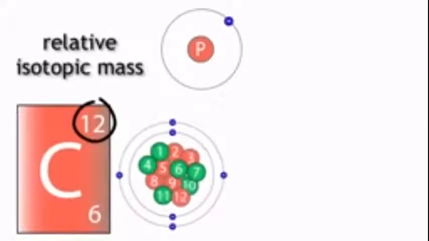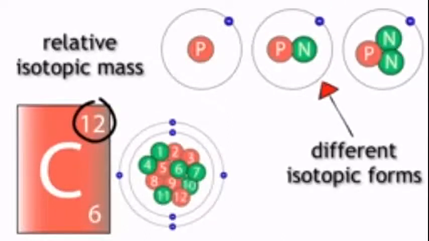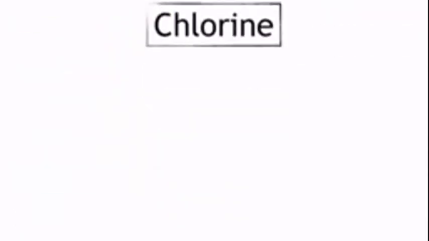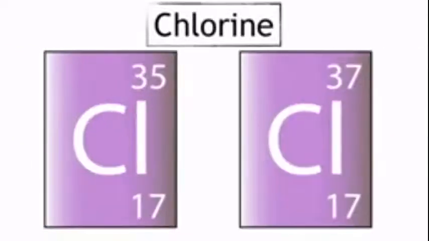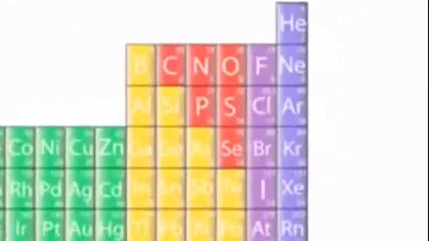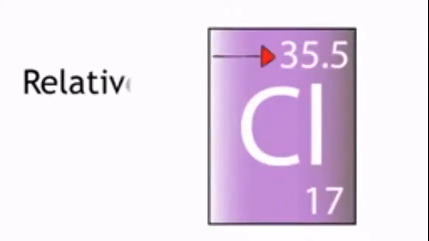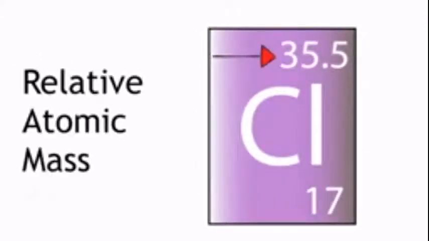The reason that this is the isotopic mass is because some elements have different isotopic forms. For example, chlorine can be found as chlorine 35 and chlorine 37. The isotopic mass is not the mass number which appears on the periodic table. The number seen on the periodic table is the relative atomic mass, or the Ar.